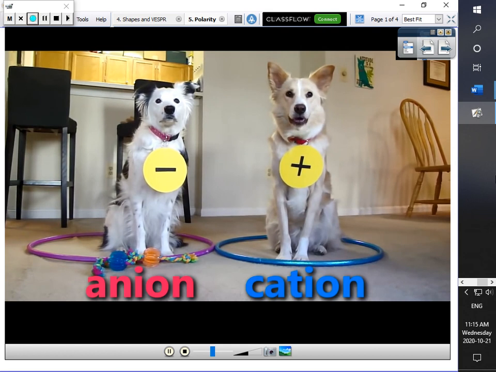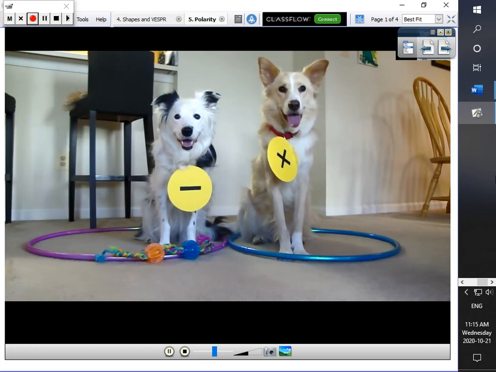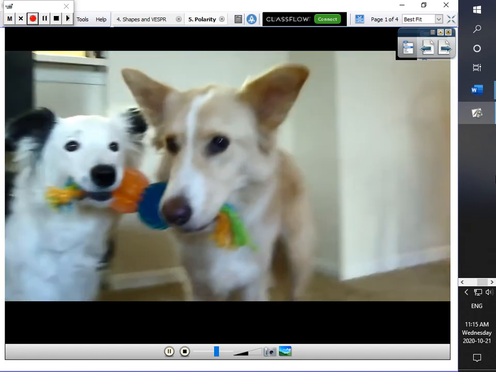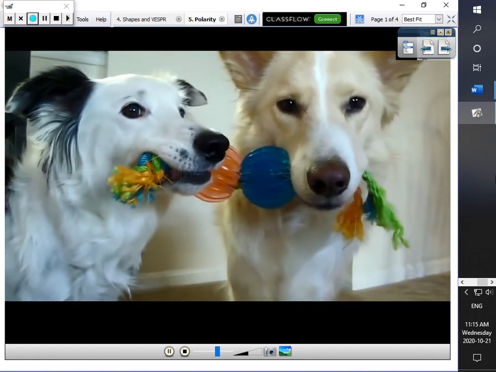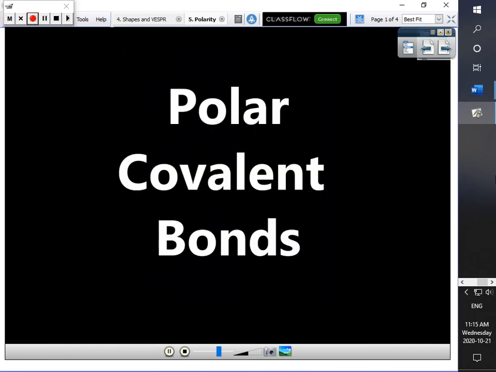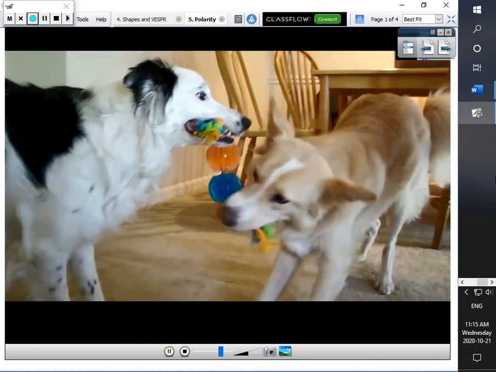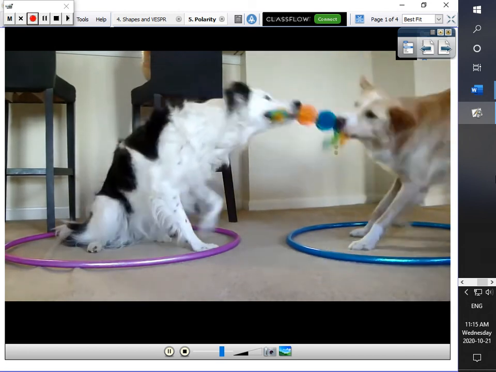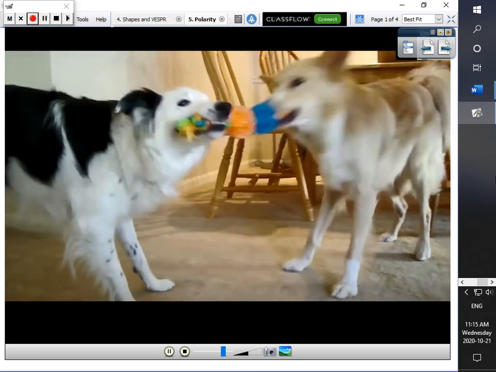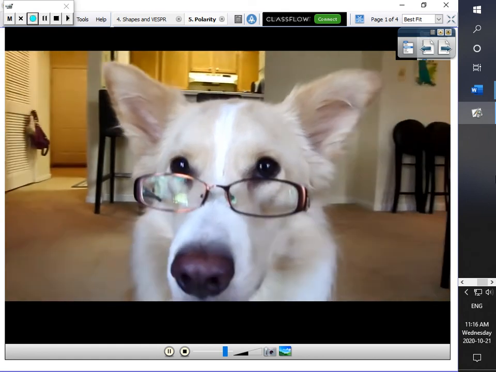Positive and negative attract, and the result is an ionic bond. Covalent chemical bonds involve the sharing of a pair of valence electrons by two atoms. There's also what is called polar covalent bonds. These are covalent bonds in which the sharing of the electron pair is unequal. The result is a bond where the electron pair is displaced towards a more electronegative atom. Thanks for watching, and we'll see you guys next time.